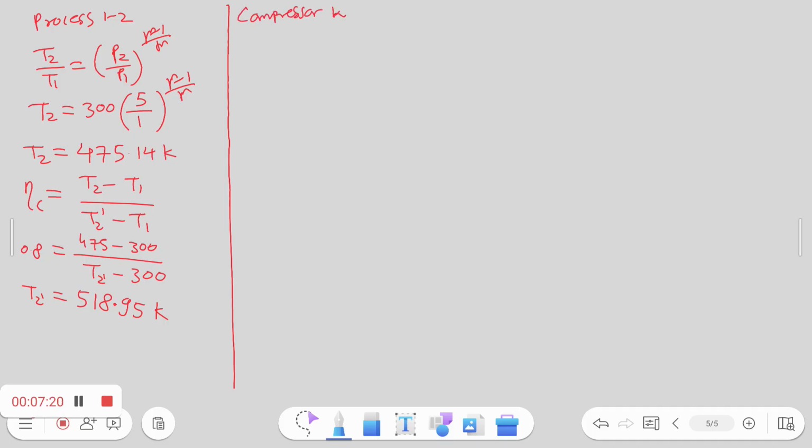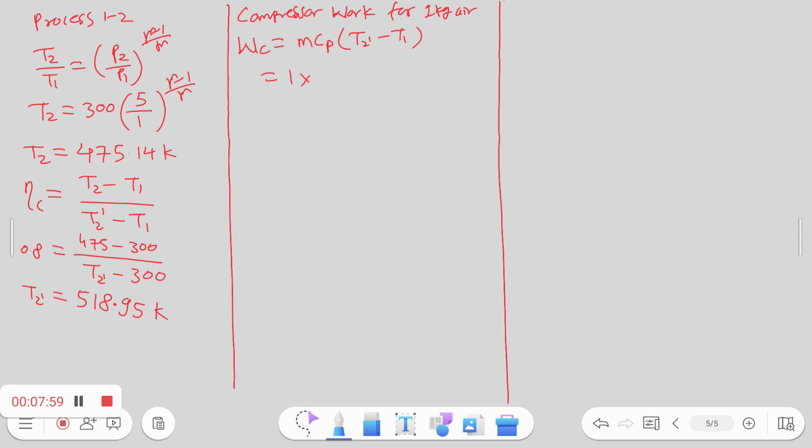Compressor work per 1 kg of air is m Cp into T2 dash, the actual, minus T1.